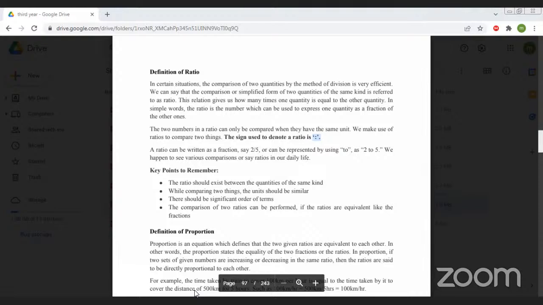Let's wait for a minute. So what are we studying right now? We are going to start with ratio and proportions. Let me just check from the given list whether we have completed it or not.